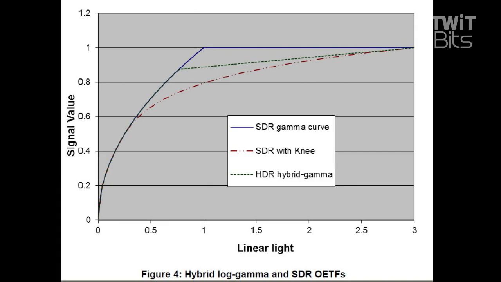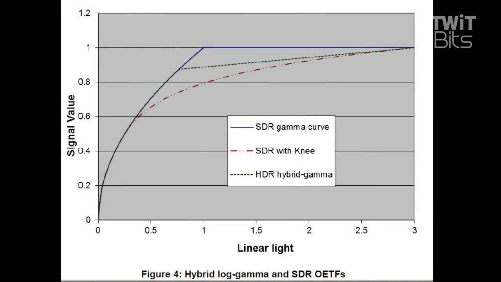I thought it was relative like gamma. Is that not true? Well, it's relative like gamma at the bottom end of the curve, but it's fixed like PQ at the top end of the curve, thus the term hybrid. Great. See how easy these names are in describing what they're doing.